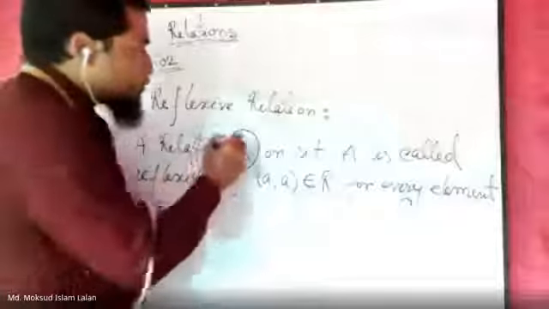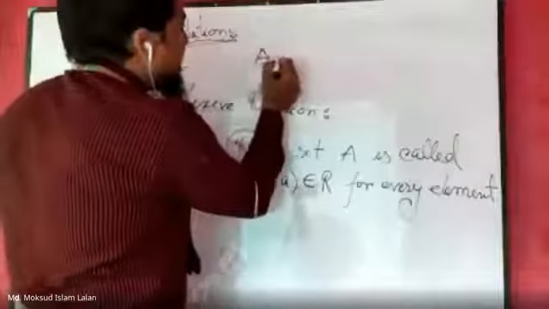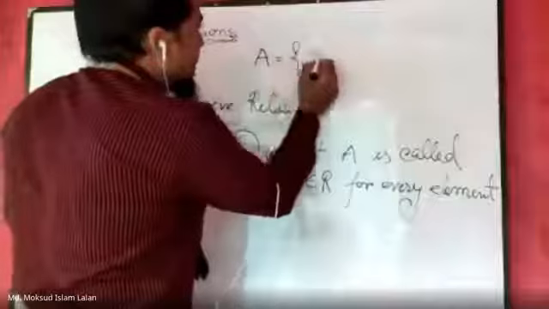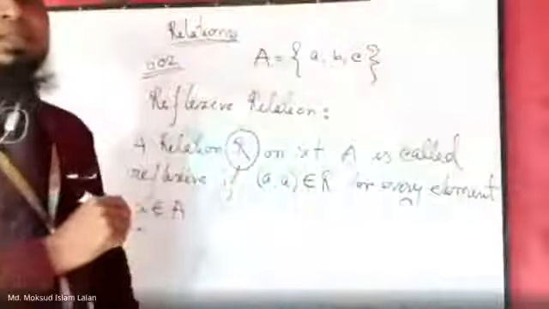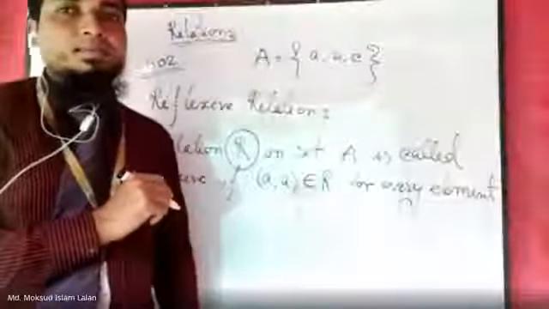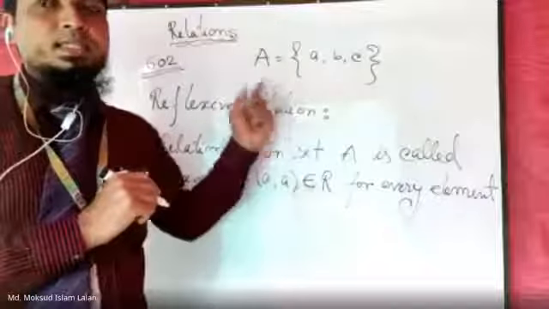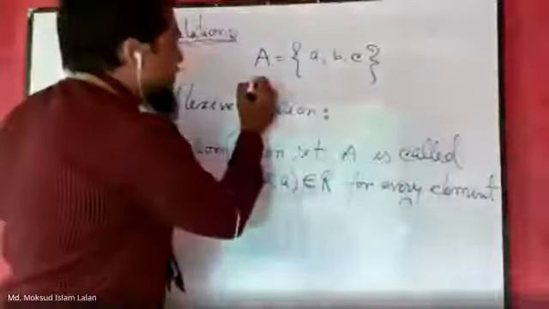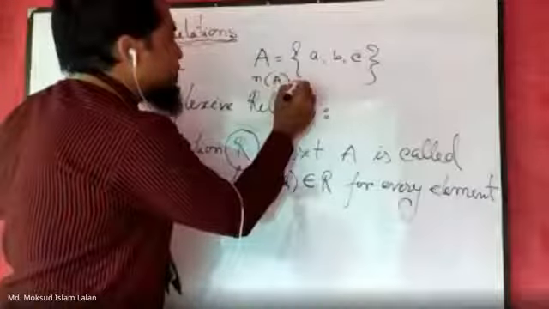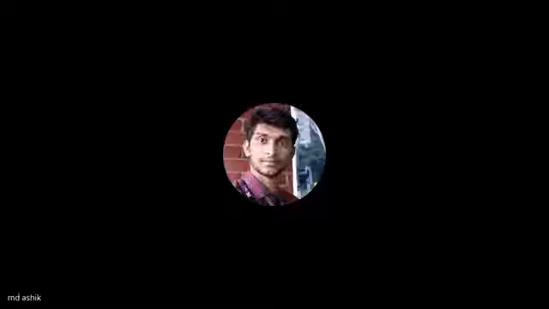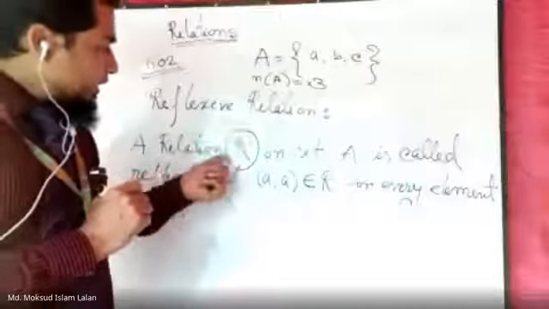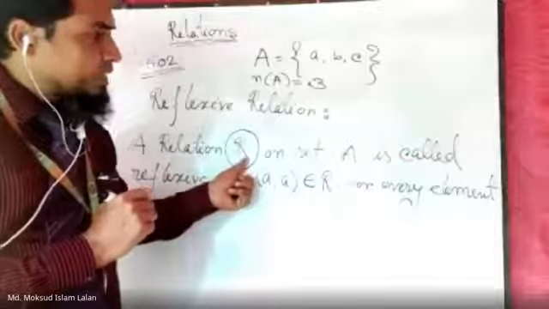So if A equals {a, b, c}, this is a set, so n(A) equals 3, there are three elements, right? Which one is the relation here?